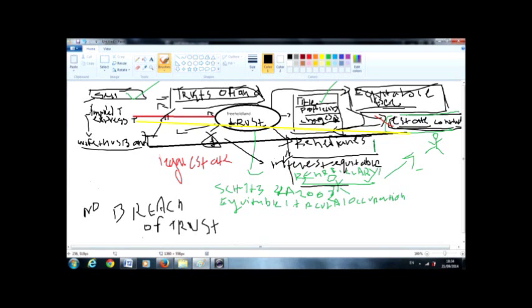Now, if there is no such power in the trust, the rights of the beneficiary are directly attached to the land.